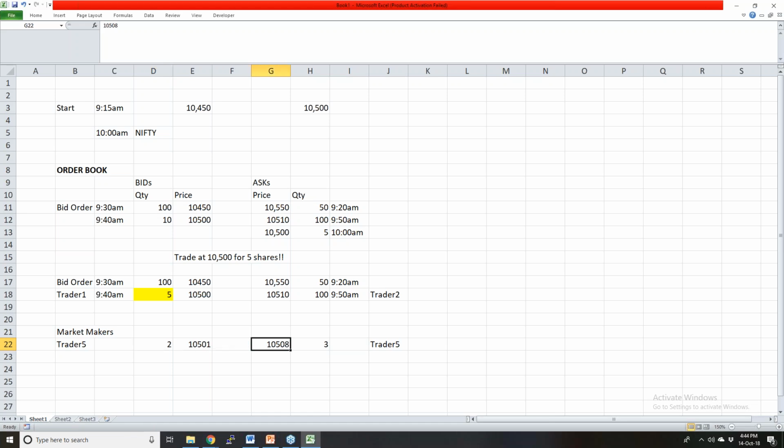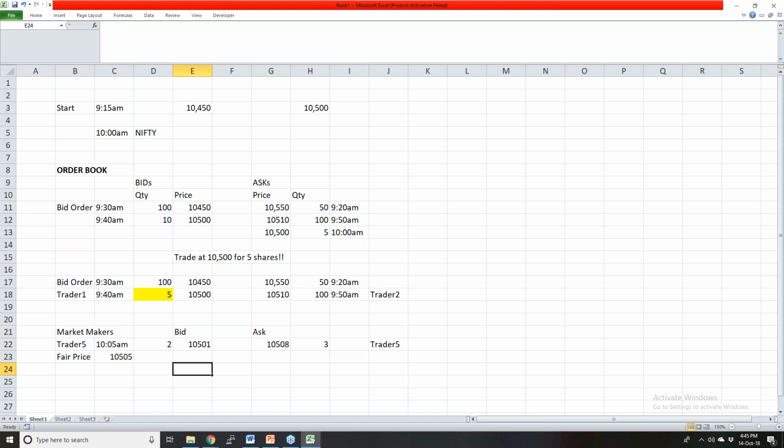Now, what this market maker is doing is, he's probably figured out, through his codes or whatever, that the fair price of this asset at this moment is 10,505. So I will send a bid order at 10,501 and an ask at 10,508.